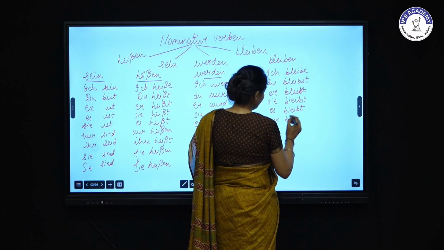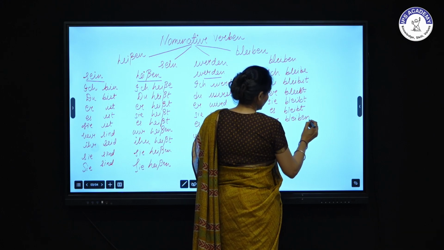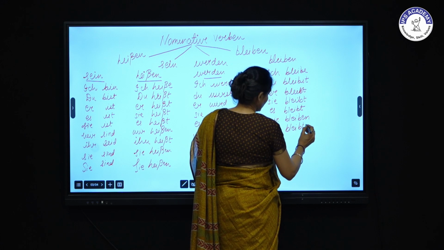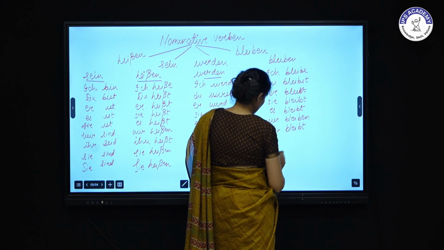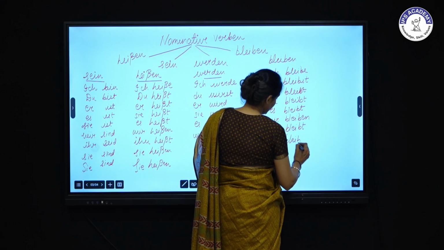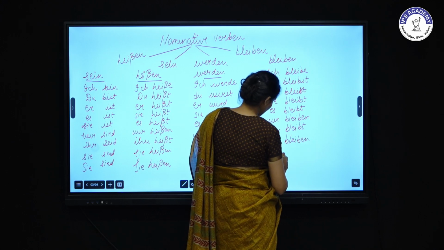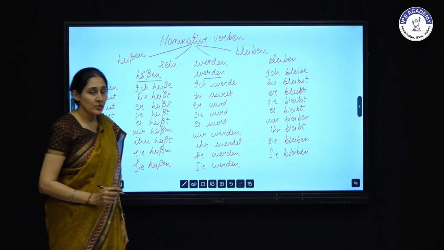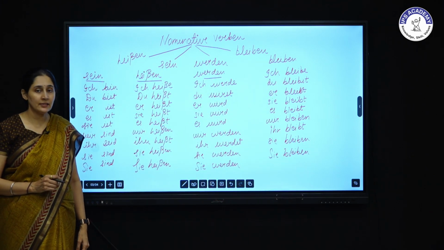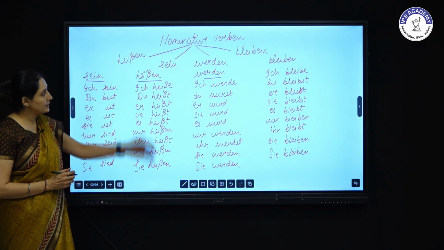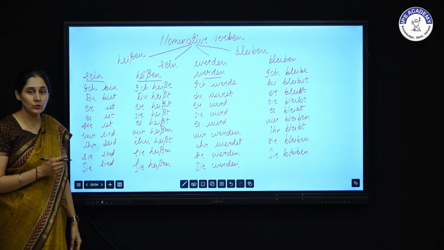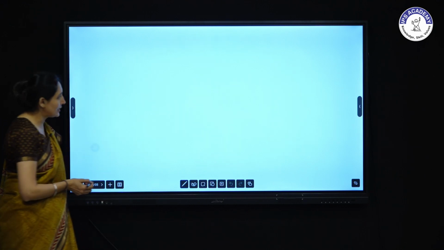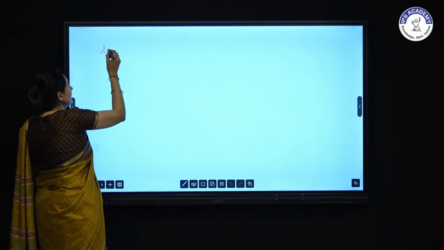Wir bleiben, ihr bleibt, sie bleiben, and Sie bleiben. The conjugations are very important for formulating sentences. When formulating sentences, we really need verbs and the right conjugation as well.